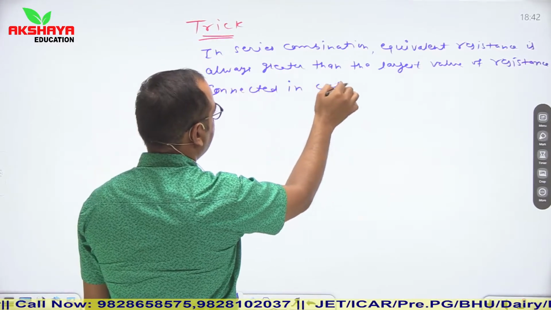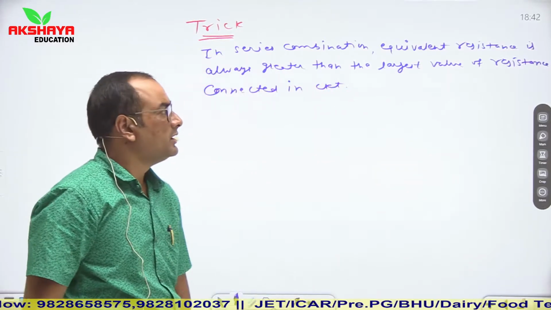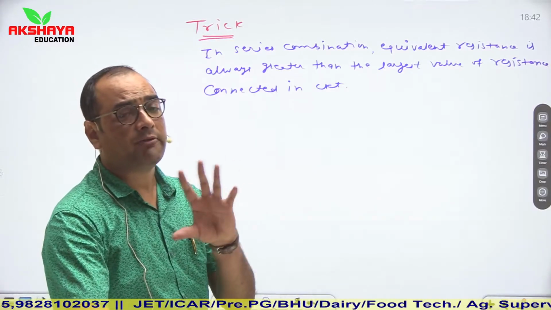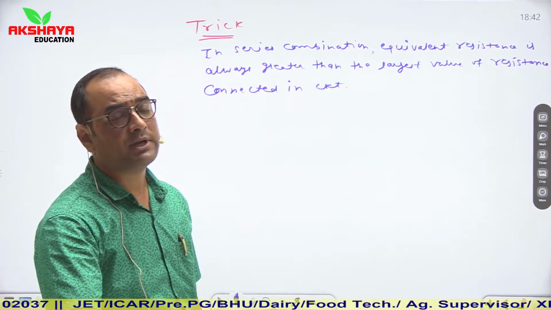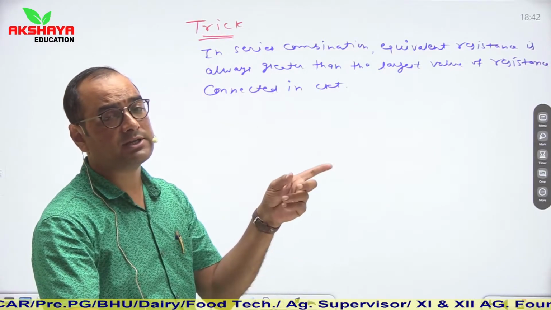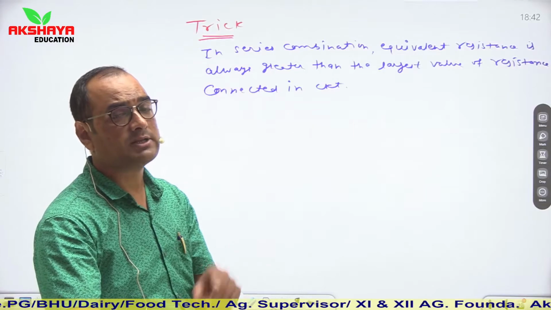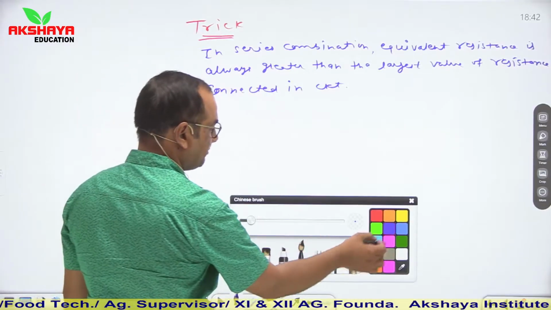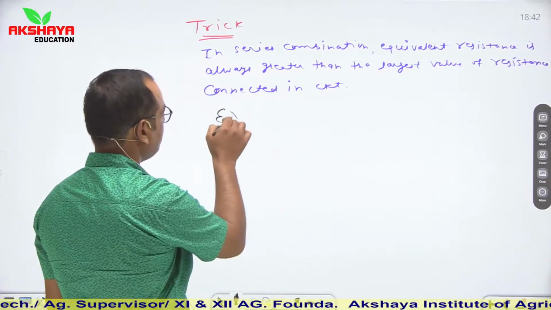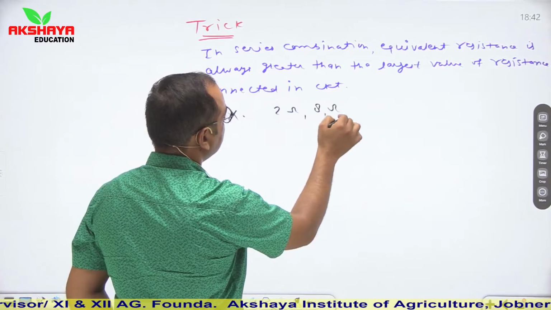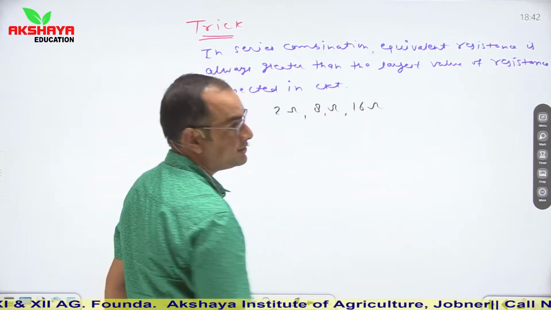So let us understand this trick by an example. Whenever different resistors are connected in series combination, the resultant will be greater than the value of the largest resistance connected in series. Let us say 2 ohms, 8 ohms, 16 ohms are connected in series.